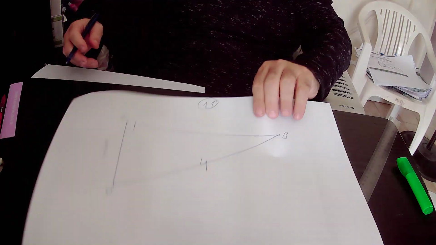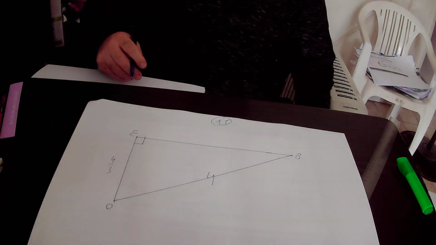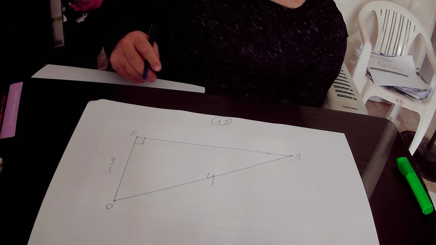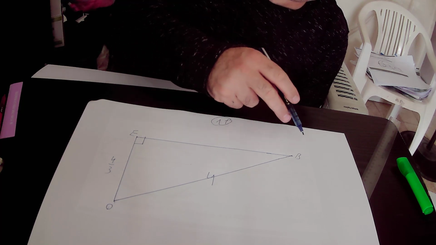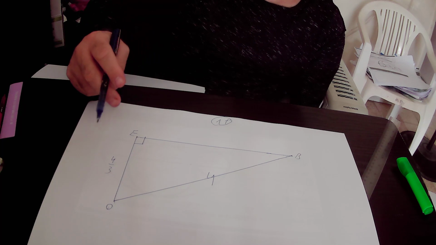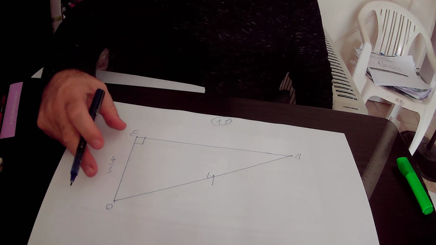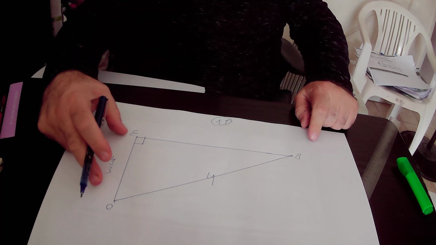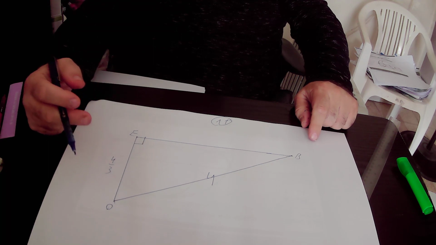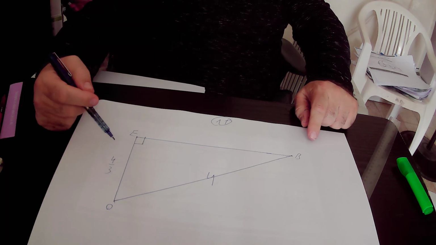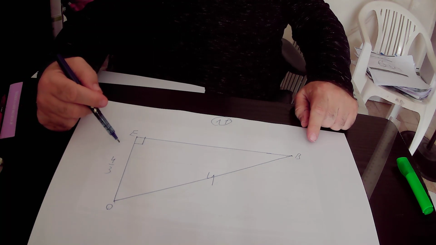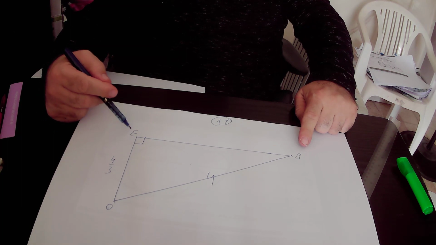So I draw again the right triangle, triangle BEO. As you can see, the hypotenuse BO equals 4 units, and we have already found that the length of side OE is 4 over 3 units. So here we will use the Pythagoras theorem to find the value of EB.